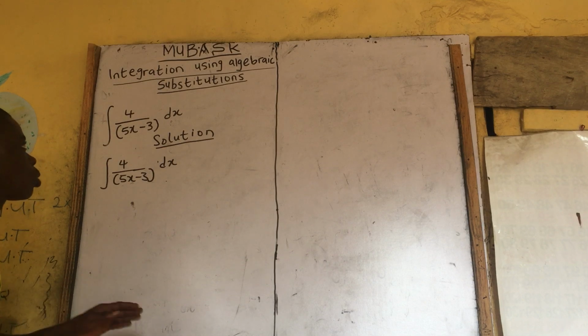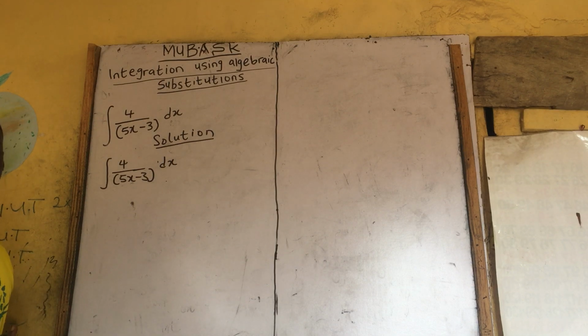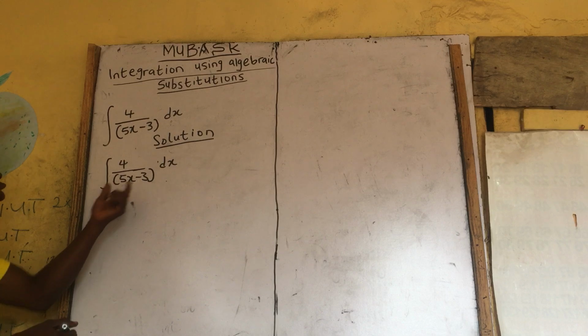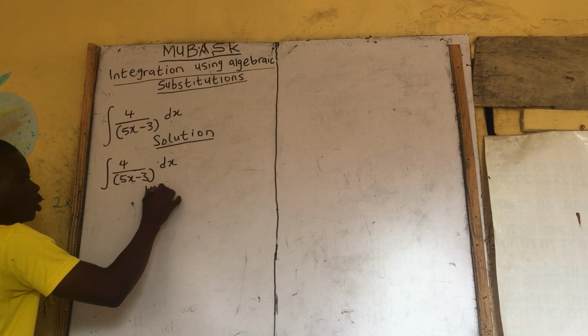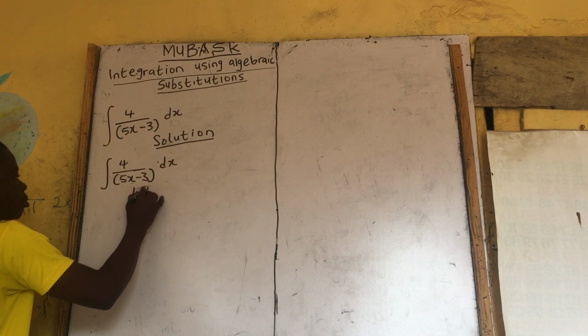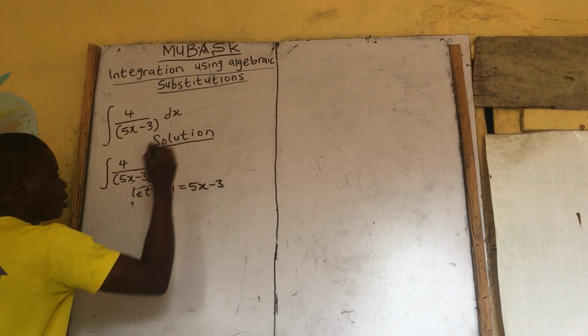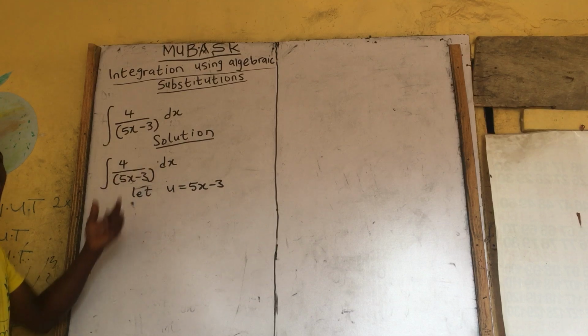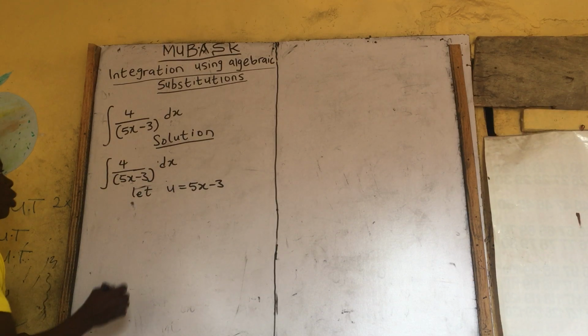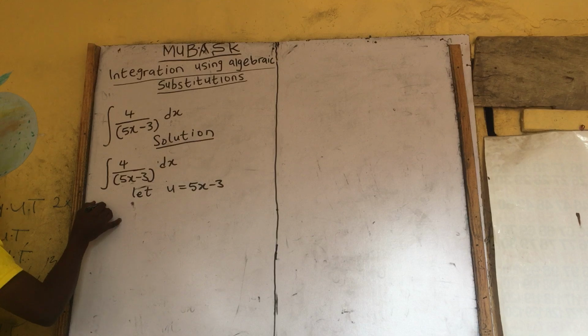So we have to substitute some algebraic. Let us use u for the substitution. Let u be equal to 5x minus 3, because it is the complex part of the problem. So let us recall it again.